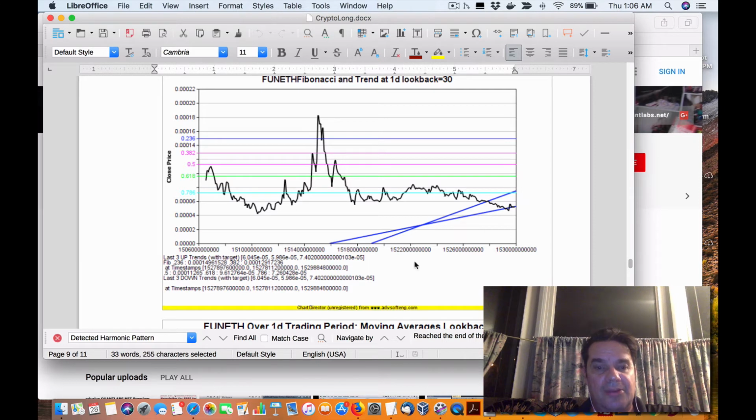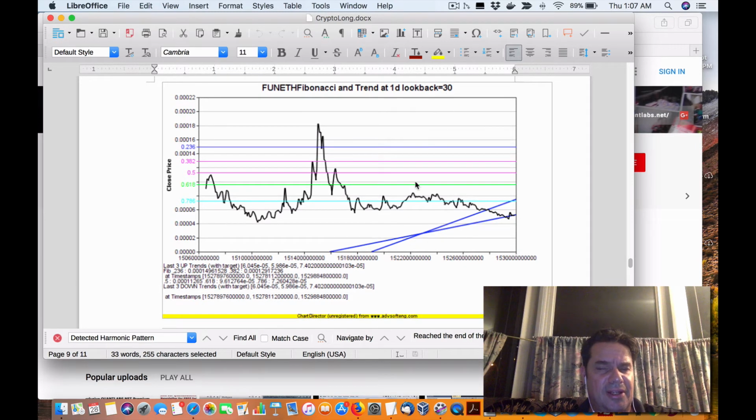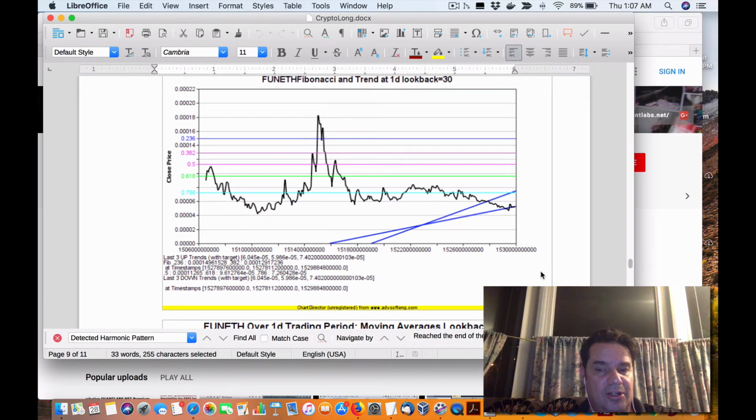Okay, so again, we are always looking at the trends, and usually what they should represent are the maximum or the lower points. So in this case, it is the lower points historically over the last 30 days, because that's what the look back measured is, 30 days. So it looks like this is correct on this end.